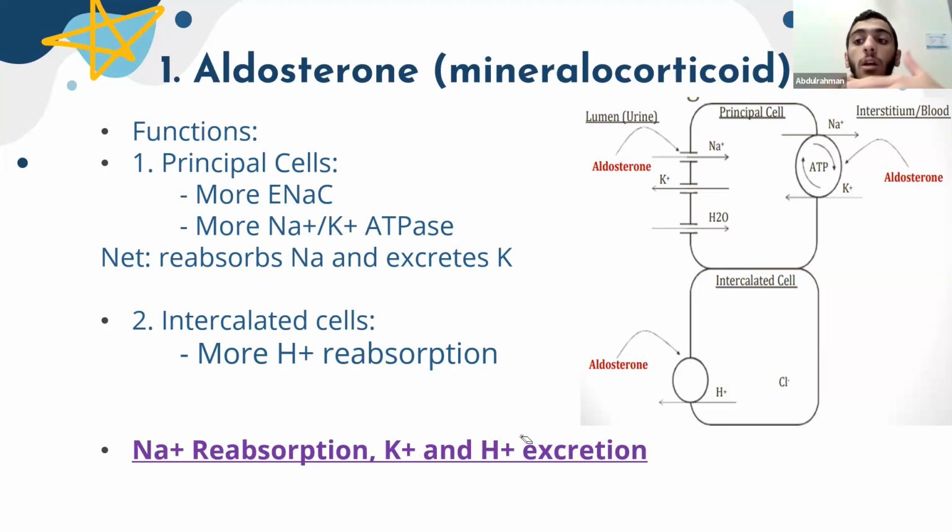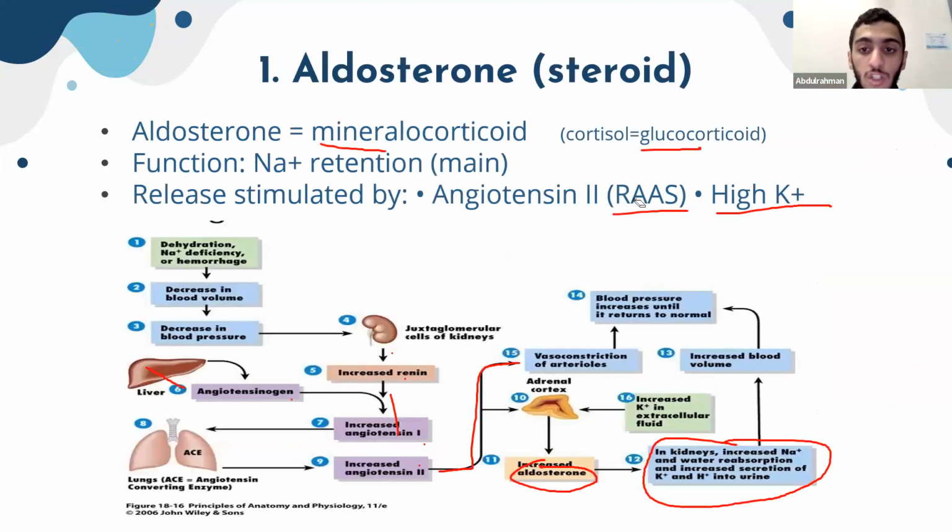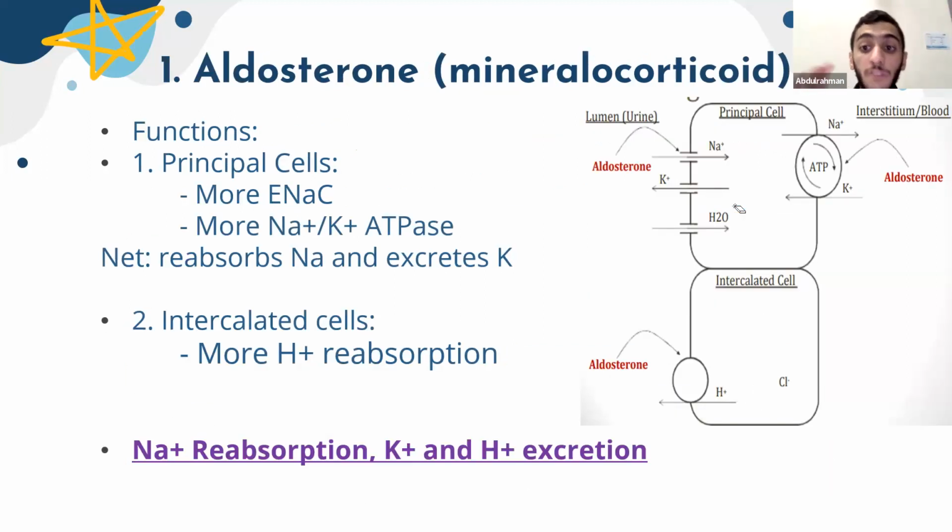So aldosterone is released in cases of hypotension, which would lead to the angiotensin or RAS system, or in cases of high potassium. Why? Because aldosterone is acting on the sodium potassium ATPase, and we said this is the main guy. If it acts on the sodium potassium ATPase, more potassium is secreted and more sodium is reabsorbed.